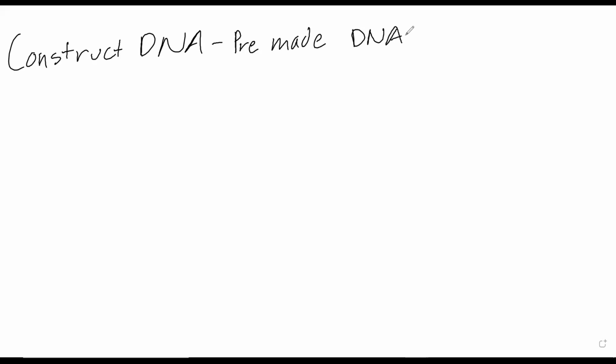Now this pre-made DNA is what is going to be injected into whatever you're trying to modify, right? Your flies in the lab got injected with construct DNA, and this DNA is what attached to the regular DNA of the flies and replicated itself, right? Once it got replicated, it was able to be read and expressed as a gene, and your flies have red eyes.